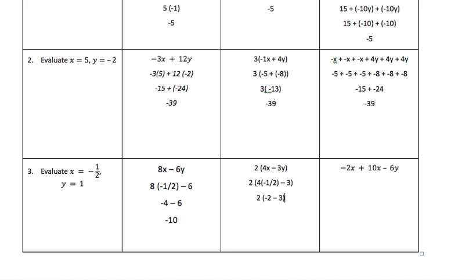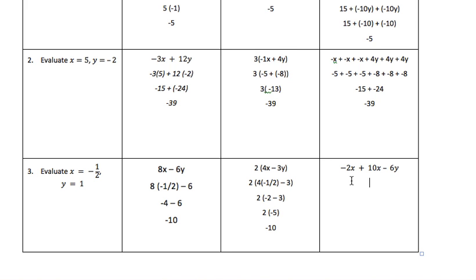Make sure you always rewrite what's inside the parentheses and all the rest of your expression. It'll be easy to lose track of numbers in these more difficult expressions. Inside the parentheses, negative 2 minus 3 is negative 5, and 2 times negative 5 is negative 10.